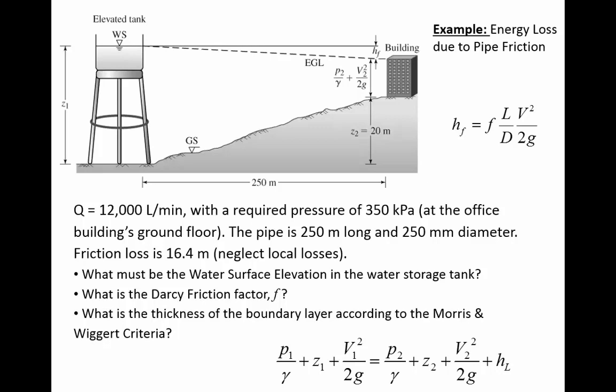And then I'd like you to take a crack at the Morris and Wiggert criteria in calculating the thickness of the boundary layer. So I'm going to ask you to work on this one with a partner. If you're not sitting next to someone, scoot next to another group of students. So work through this, and then after I've given you some time to solve it, I'll put the solution up on the board.